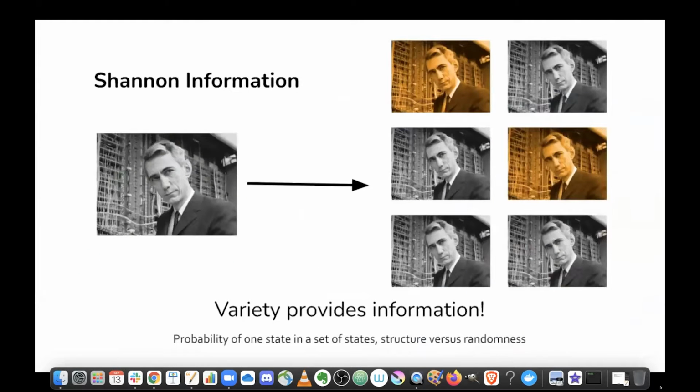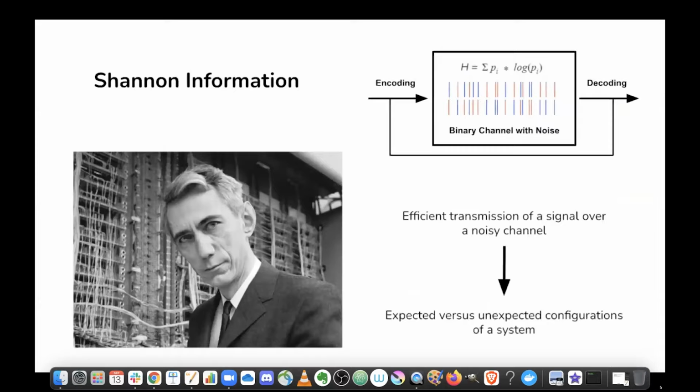To talk about Gibsonian information, we first need to talk about Shannon information. As a review, the basic encapsulation of Shannon information is that variety provides information. We take the probability of one state in a set of states, and we're looking for structure out of randomness. This is a shorthand for Shannon information.